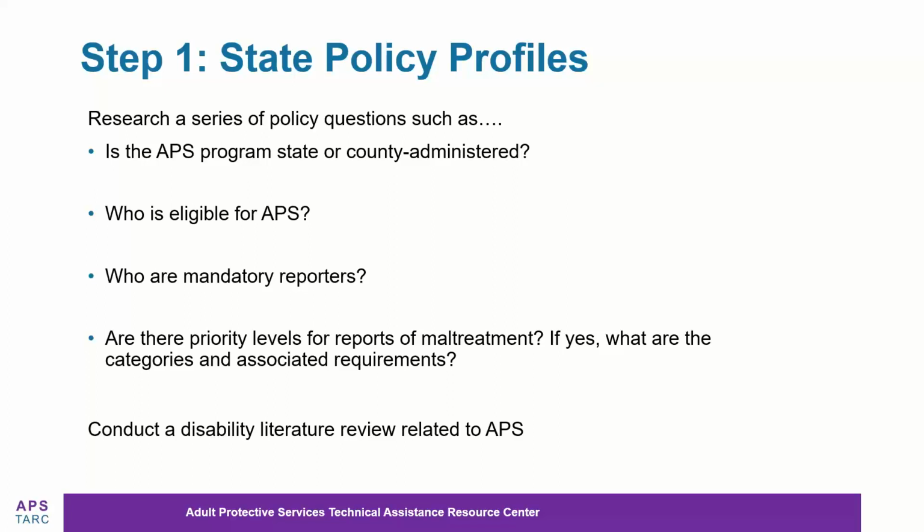Are there different priority levels for maltreatment in terms of the responses to the reports, like the length of time that's required to respond to particular types of reports? Are there different categories with different requirements? Those are just some examples of the policies that we looked at.